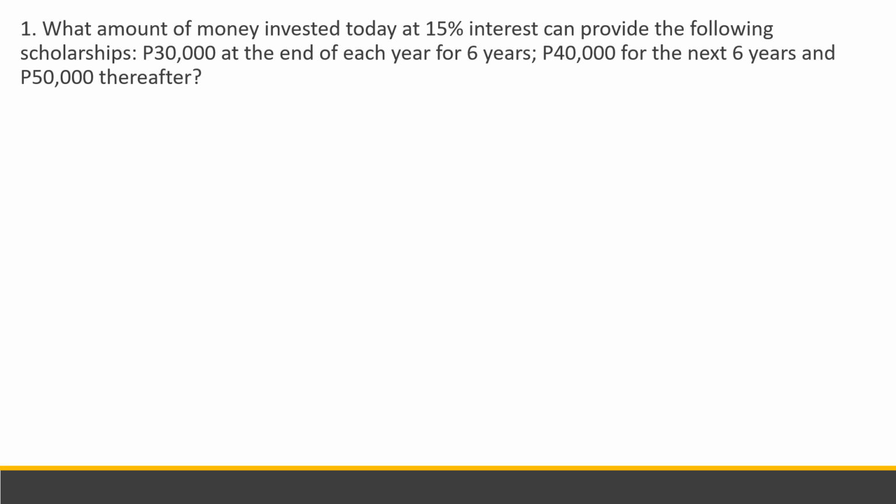So first, at 0, nag-deposit ka ng amount P or yung amount of money invest mo today.